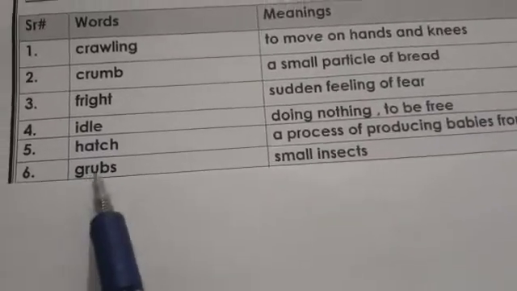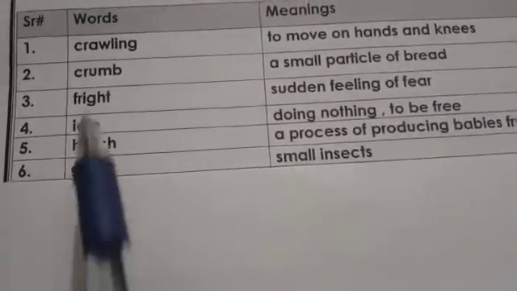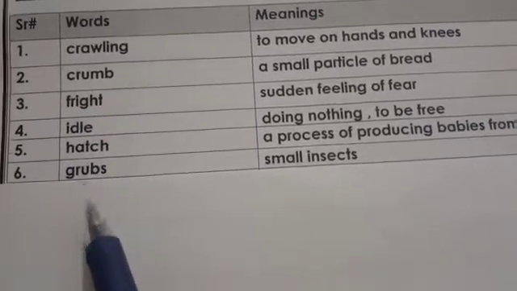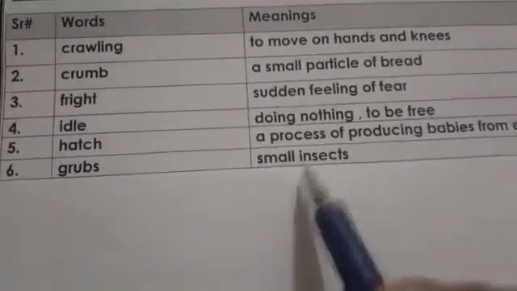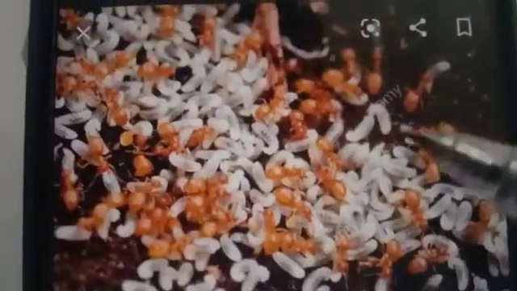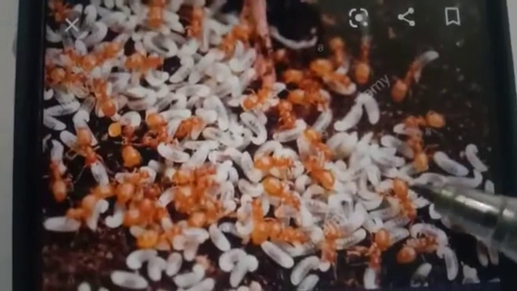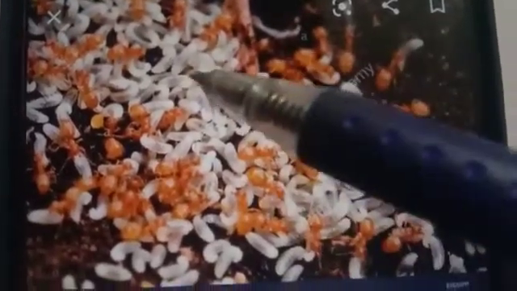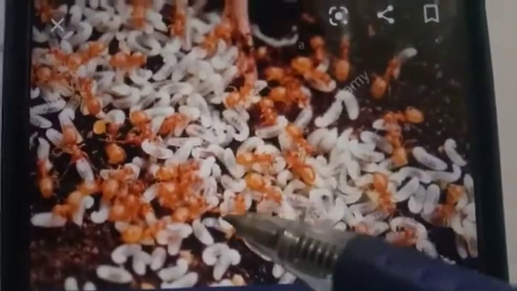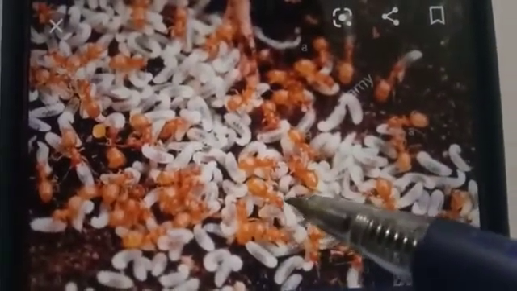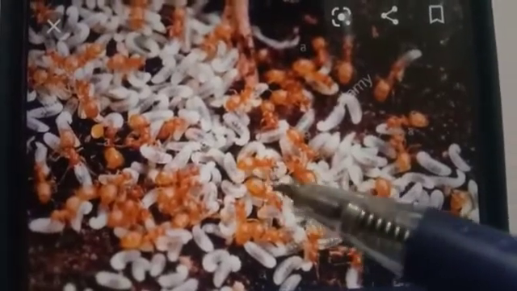Then you have to write your sixth word, that is grubs. All letters must be small and you have to do your work with a sharpened pencil. Okay, grubs are small insects. Look here in this picture, we have read about ants, grubs. So look here in this picture, these are the grubs. These are the small insects which later convert into ants.